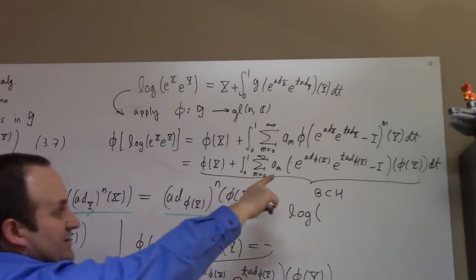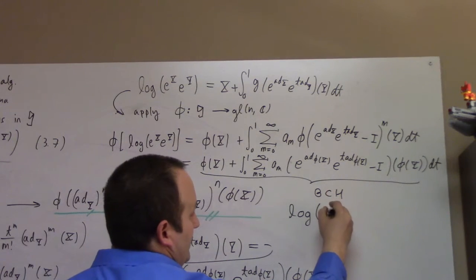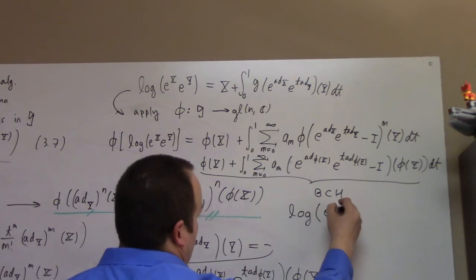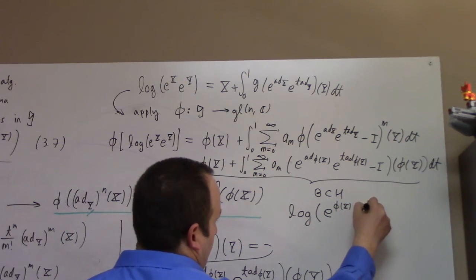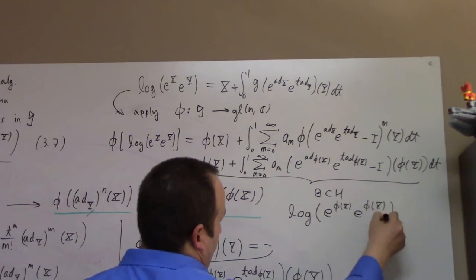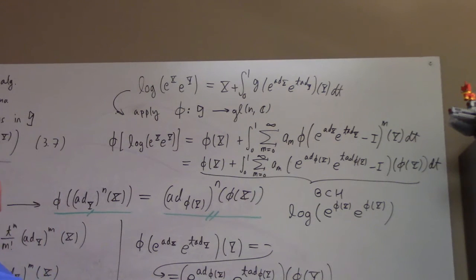So this is literally log of e to the phi of x, e to the phi of y. Bam. And there you go. That is corollary 3.4.